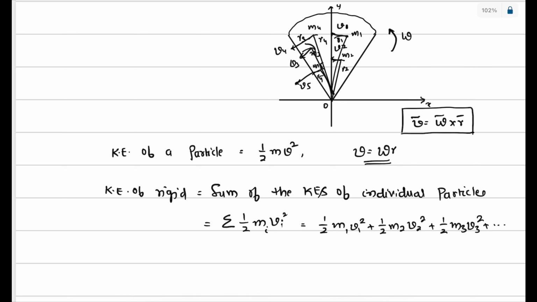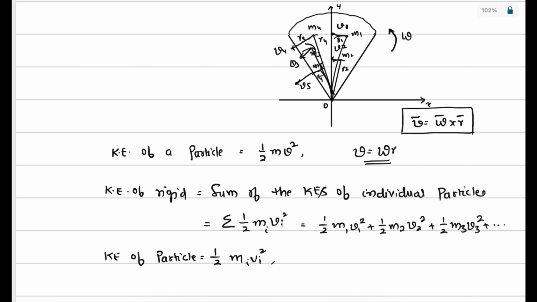Now, kinetic energy of an individual particle is equal to half m_i v_i square, because it can be m1 v1 square for particle 1, m2 v2 square for particle 2, for particle 3 m3 v3 square.